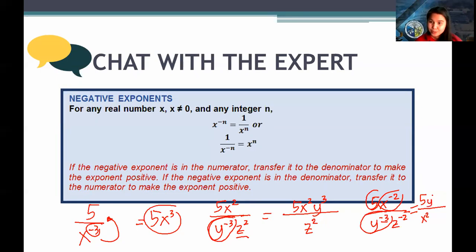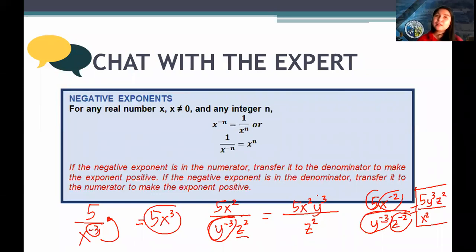Y cubed. Next, the exponent of z is negative, so it must transfer. It must go up. Z to the power of 2. So this is now our final answer. 5y cubed z squared over x squared.